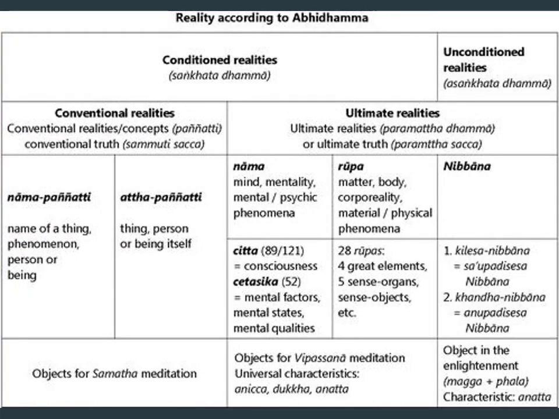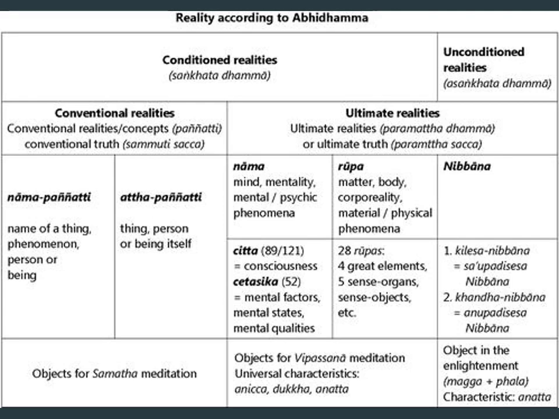Now, let us then move on to mental states or mental associates. Remember, out of the 81 classes of conditioned dharmas, one class is consciousness, citta, which we have already discussed. Now we're going to look at mental states or associates. That's the cetasika, right? Take a look at this chart here.